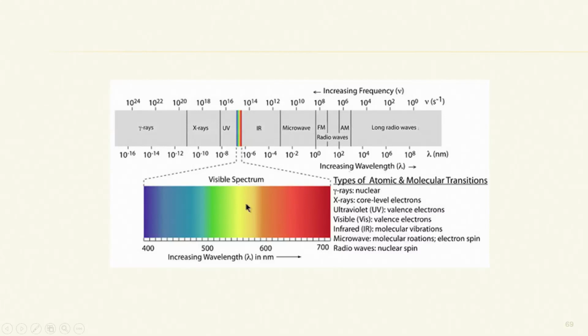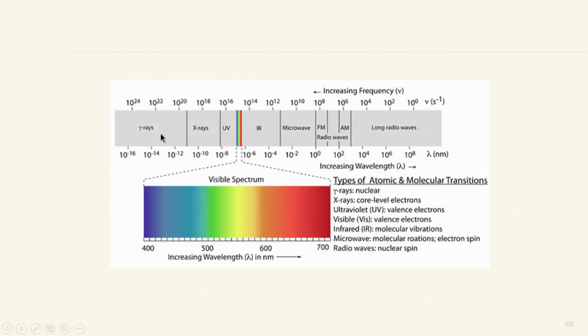So, this is the electromagnetic radiation, and you can see here, this is a Google picture, I have not plotted it. The whole electromagnetic radiation contains gamma rays, X-rays, ultraviolet rays, visible rays, and then infrared, microwaves, and then FM radio waves, AM radio waves, and then long radio waves.